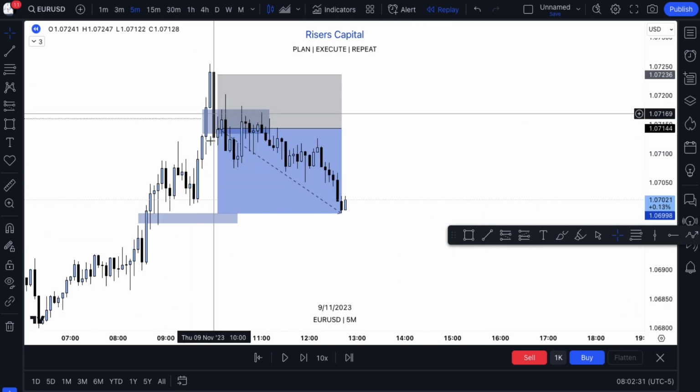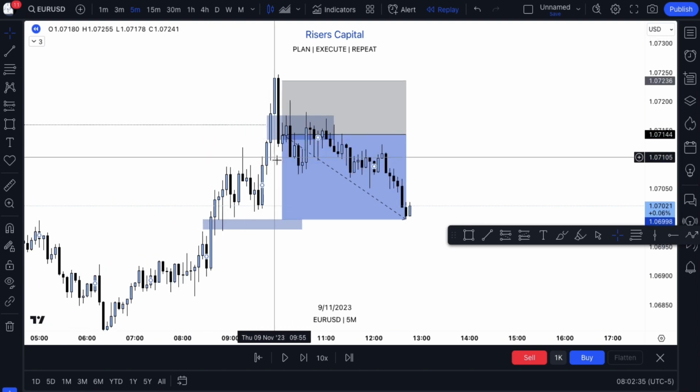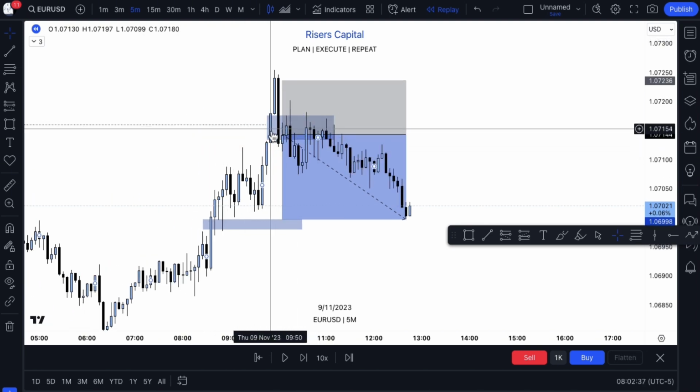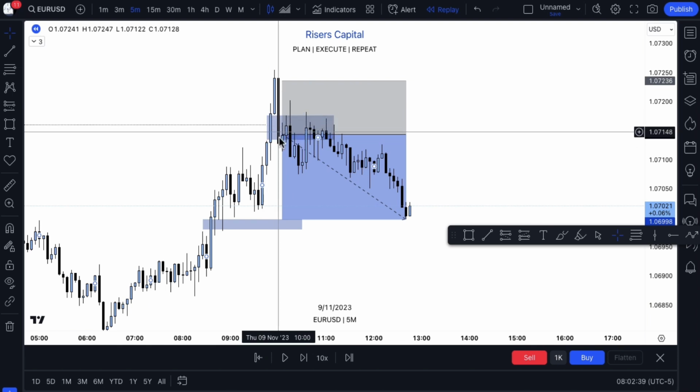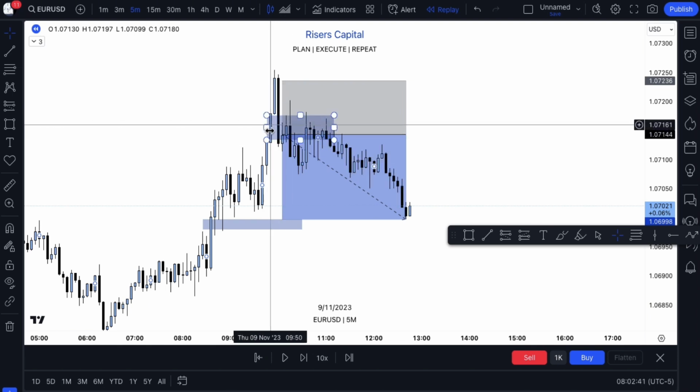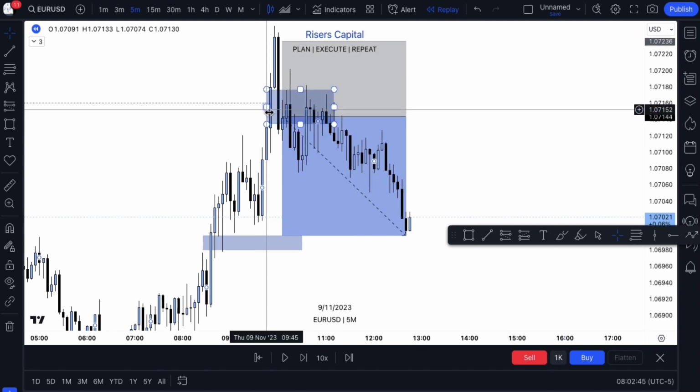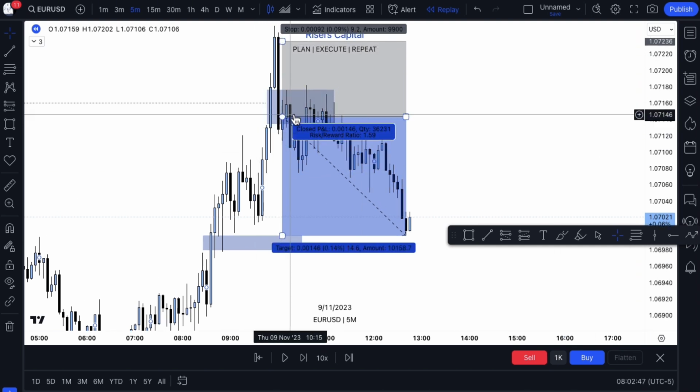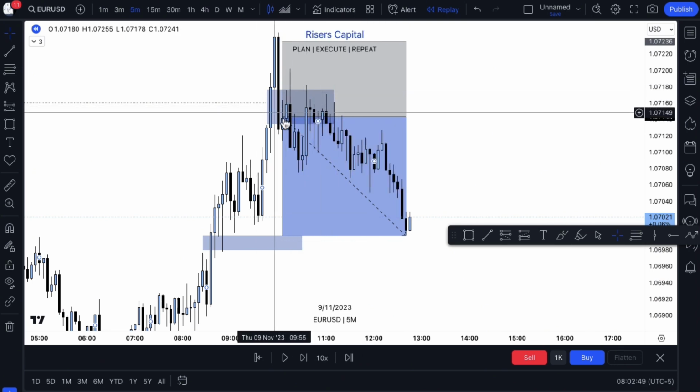We had one strong candle, one big displacement move down, an energetic candle, whilst disrespecting an old fair value gap, trading straight through it and creating a BPR, a balanced price range, meaning that this old fair value gap has to be traded back into to balance buyers and sellers in the market.